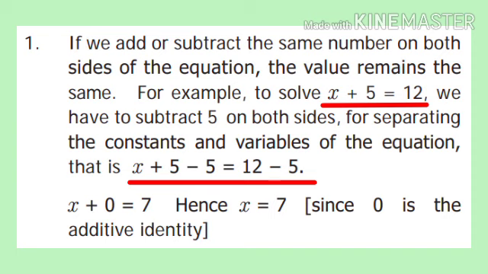For example, to solve x plus 5 equal to 12, we have to subtract 5 on both sides for separating the constants and variables of the equation, that is x plus 5 minus 5 equal to 12 minus 5. Here x plus 5 minus 5 is x plus 0, and 12 minus 5 is 7. Hence, x is equal to 7, since 0 is the additive identity.